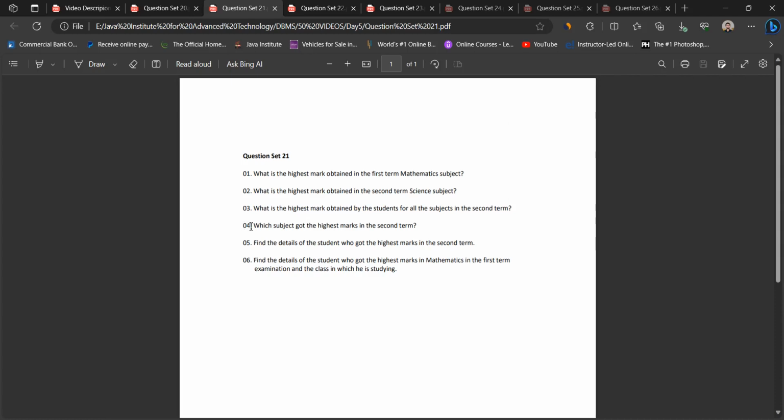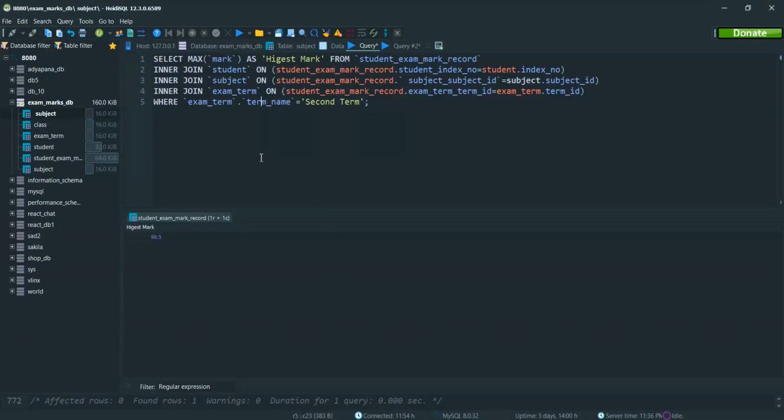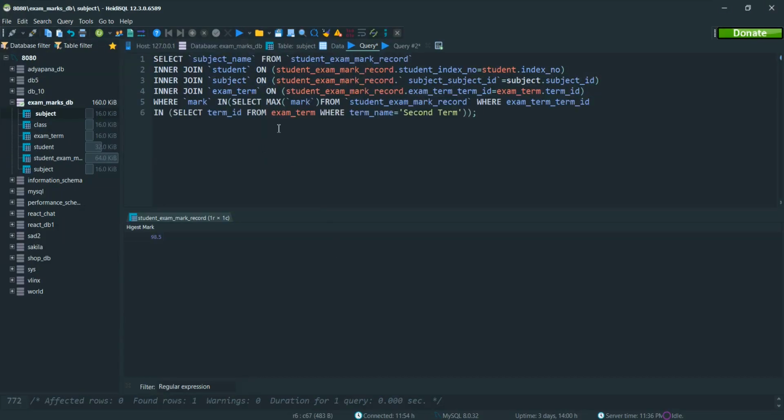The fourth question, which subject got the highest marks in the second term? Here we have to display the subject. Here also I have used inner join to combine the tables.